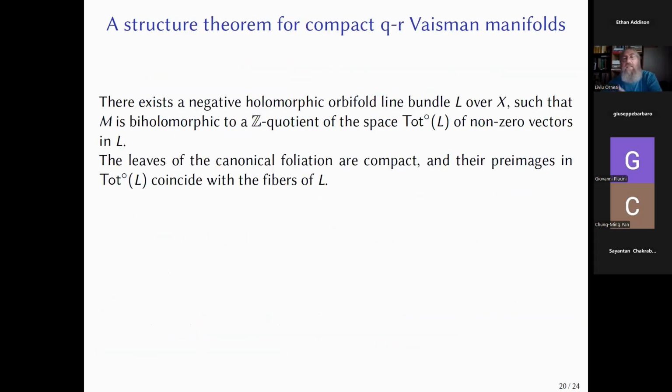The same idea of deforming takes you from a non-regular Weismann manifold to a quasi-regular one. That is, from a general Weismann manifold on which you don't know anything, to one which fibers in tori over a projective orbifold. And this is how you do it.